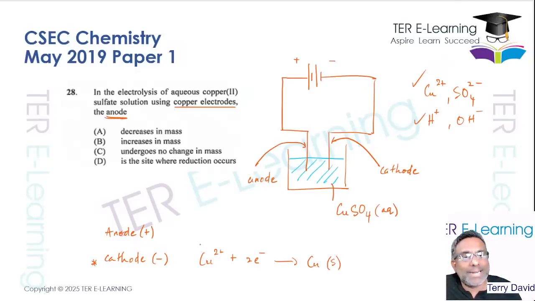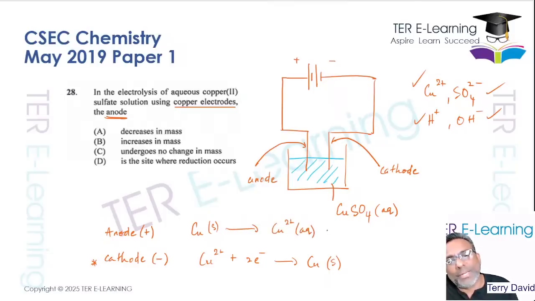Now what happens at the anode? The anode is the positive terminal and you will have the sulfate and hydroxide ions migrating towards the anode. But because the anode is an active electrode, what actually happens is this: you have copper solid, and that copper solid turns into Cu2+ aqueous plus 2 electrons.